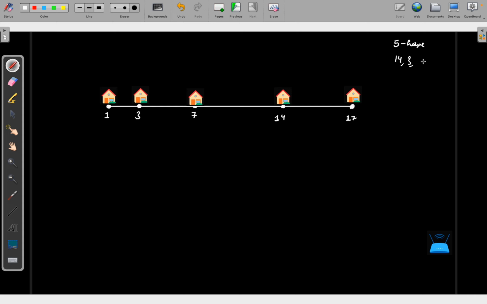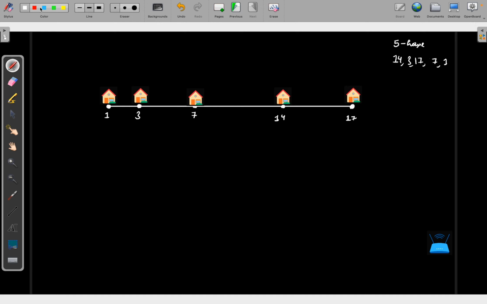Basically the array was, I guess, this is 17 and this is 7. So you can see I have represented all my houses at a position of 14, then at a position of 3, then at a position of 17, then 7, then 1.